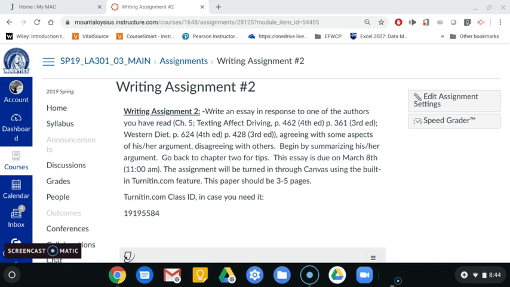So you'll summarize Pollan's work, referencing back to chapter 2, incorporating your own voice into this using chapter 5 techniques and templates. And then you're going to formulate arguments to agree and disagree with either of the authors that you choose. So again, remember the templates for agreeing and disagreeing.